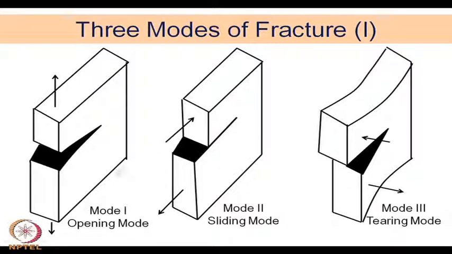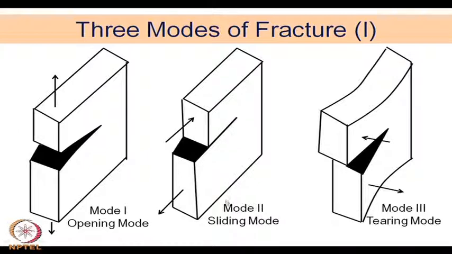The first mode is called the opening mode, which we have considered earlier, where the applied stress is trying to open up this particular crack. The crack is perpendicular to this surface and also perpendicular to the applied stress. This is what we call the opening mode, or sometimes mode 1.